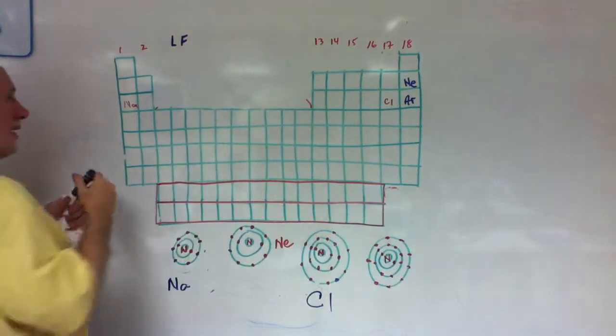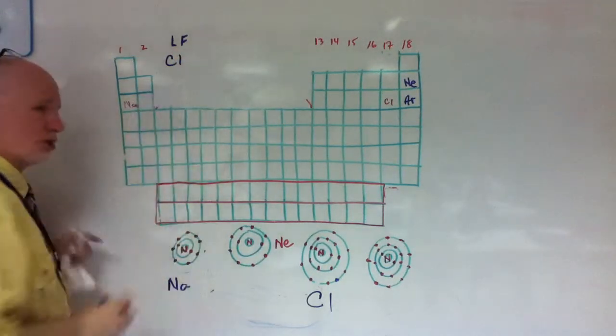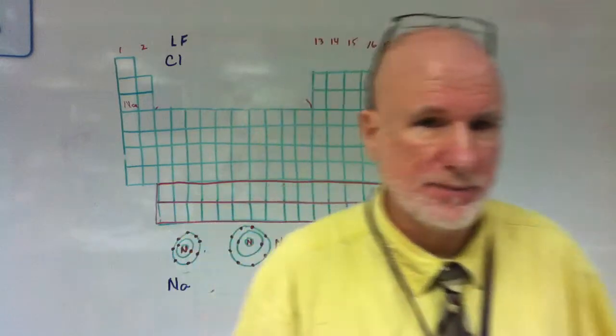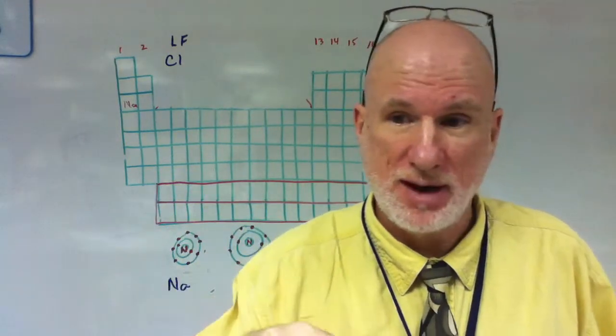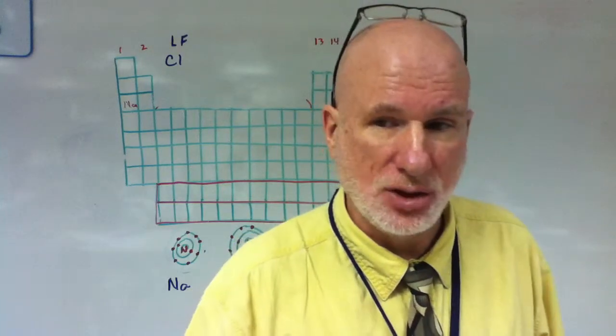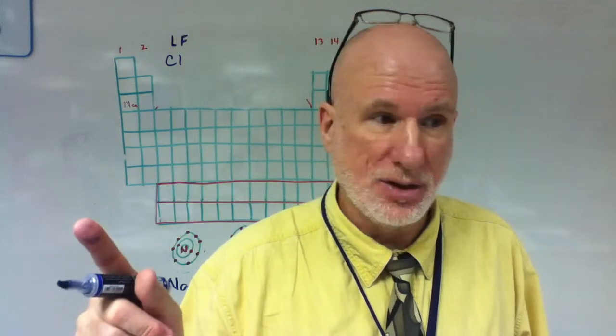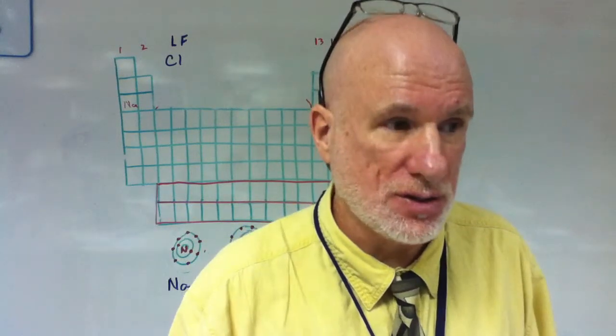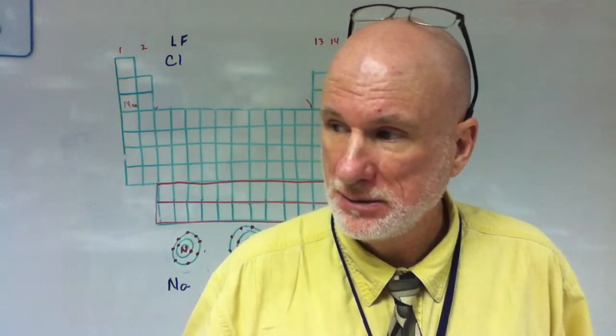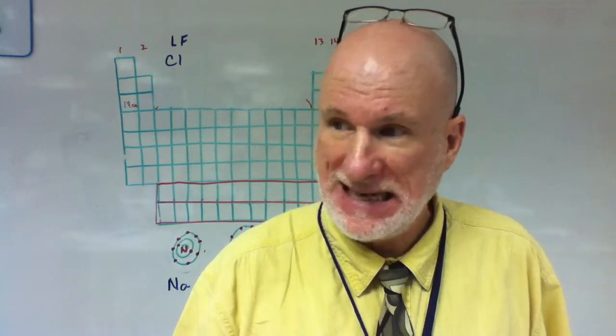Let's do chlorine. What's the charge of chlorine after it reacts? What's the charge of chlorine in the ground state first? 0. How many electrons does it gain or lose? 1. Gain or lose? 1 gain, right? How many protons does chlorine have always? 17.